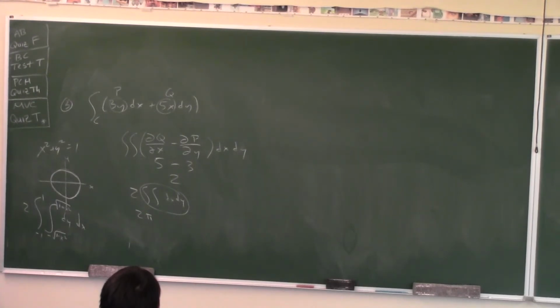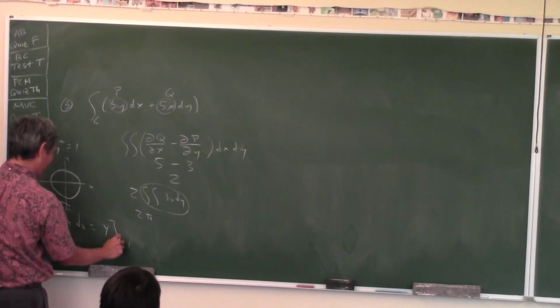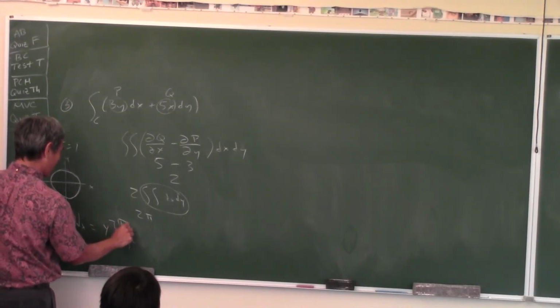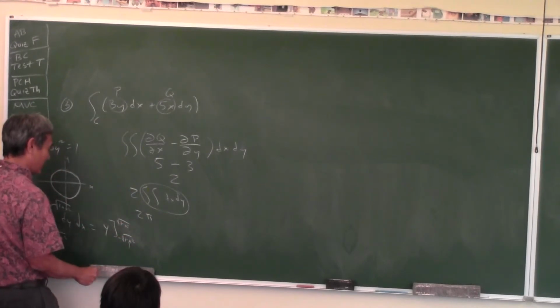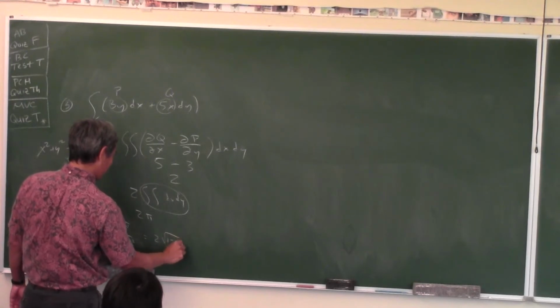We can do it in whatever order you want. Okay, let's work it out then. The integral over y from negative root 1 minus x squared to root 1 minus x squared gives 2 root 1 minus x squared, is that correct? Yes.